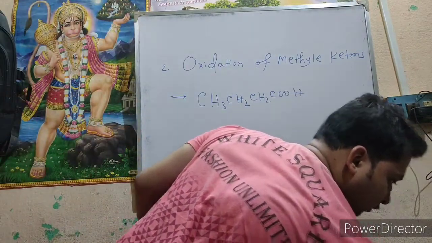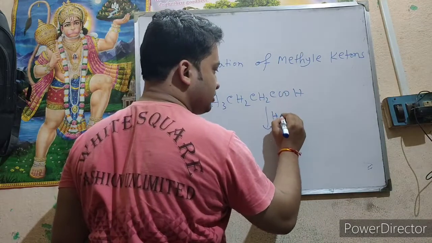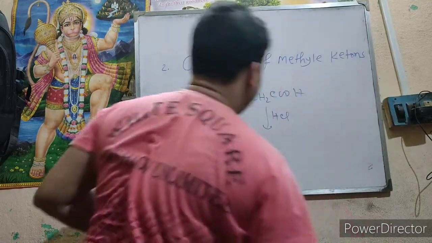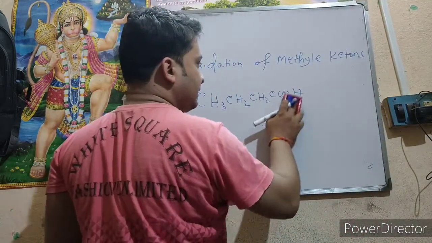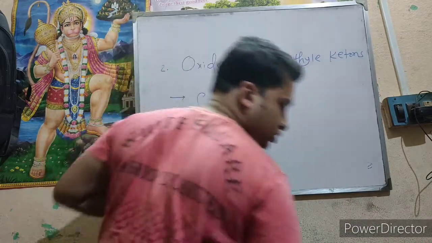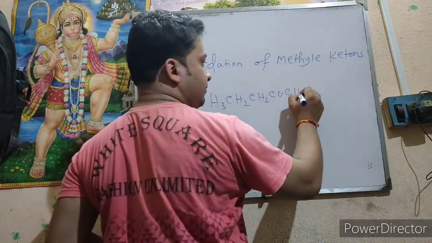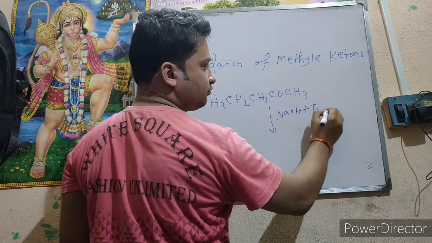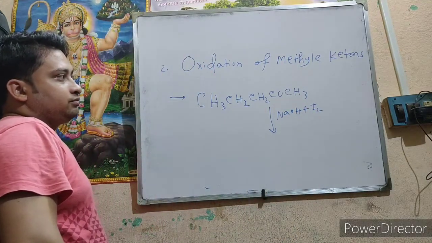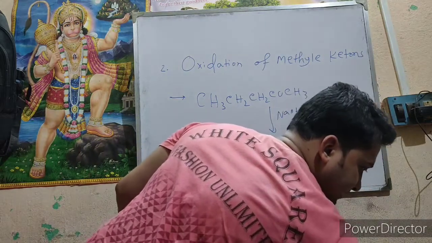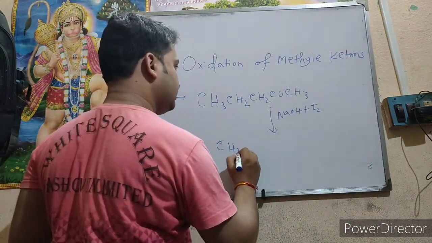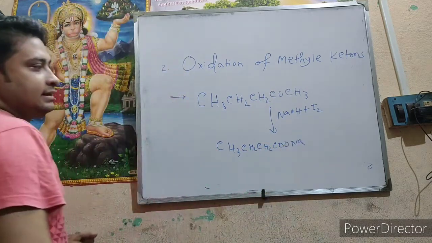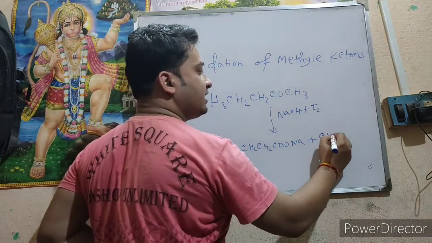From here you just take HCl. So firstly, I take this group COCH3. Then you use NaOH and I2. What will be the product? The product is CH3CH2CH2COONa, and then you get CHI3.